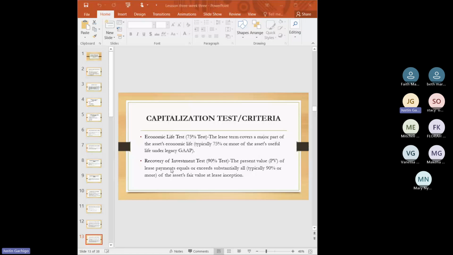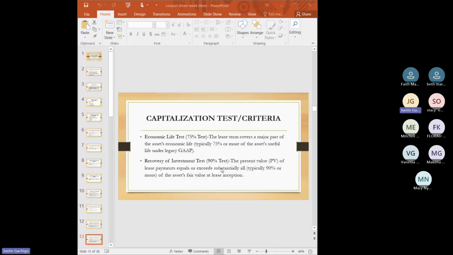The other one is called the recovery of investment test, or 90% test. In this case, the present value of the lease payments equals or exceeds substantially, typically 90% or more, of the asset's fair value at lease inception. So you get the present value of the future lease payments, and then you compare that with the fair value.